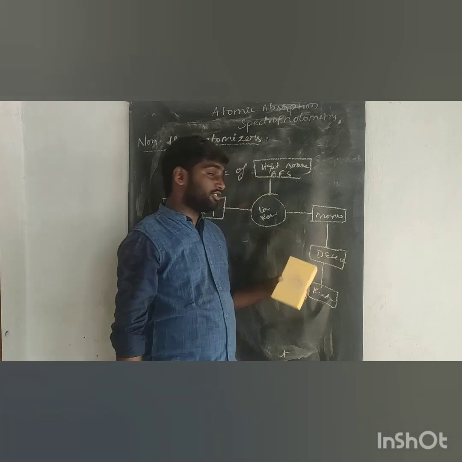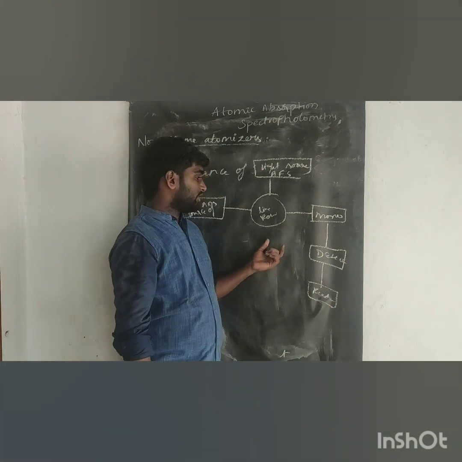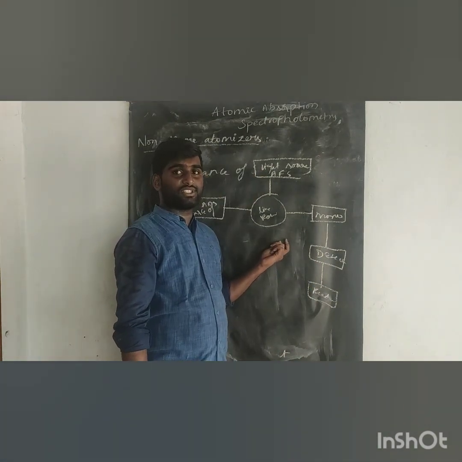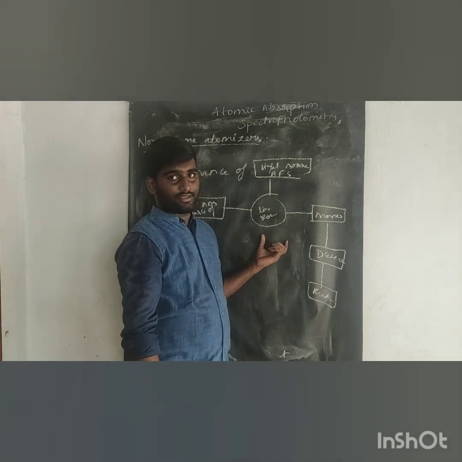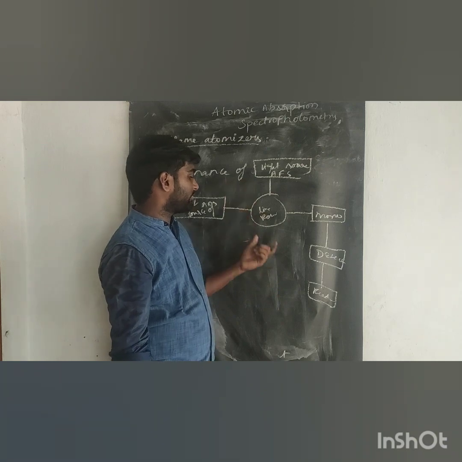In this we use a hollow cathode lamp. Here the hollow cathode lamp attracts toward the cathode, and the cathode emits the atoms. So this is about the resonance line source.